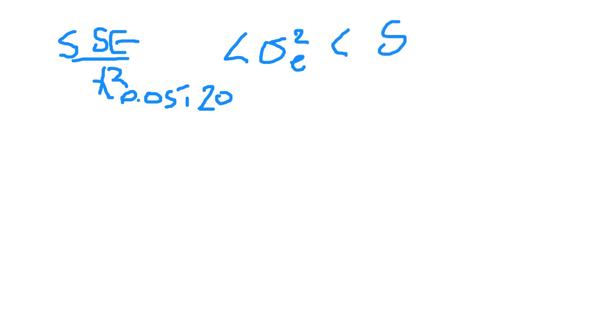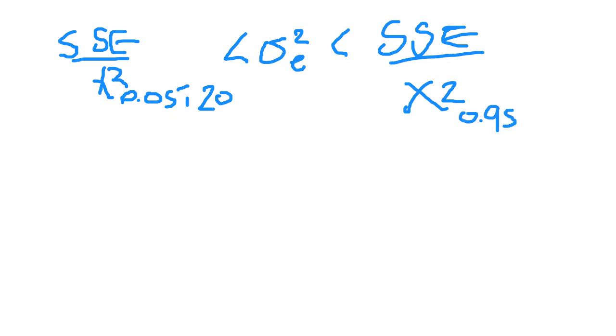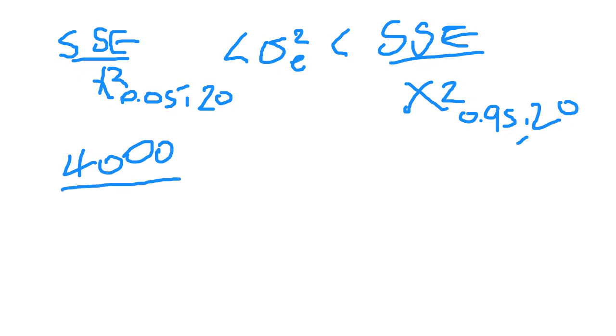And the upper part is SSE divided by the chi-square of 0.95 and 20. And you remember your SSE is what? Your SSE is 4,000.